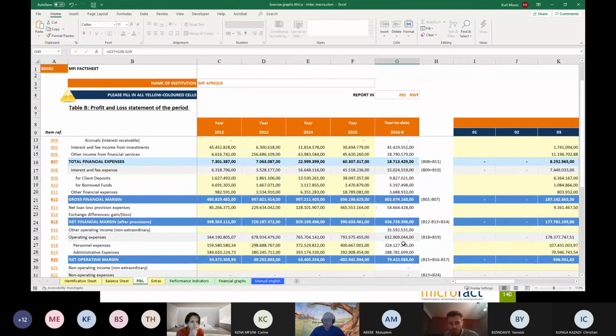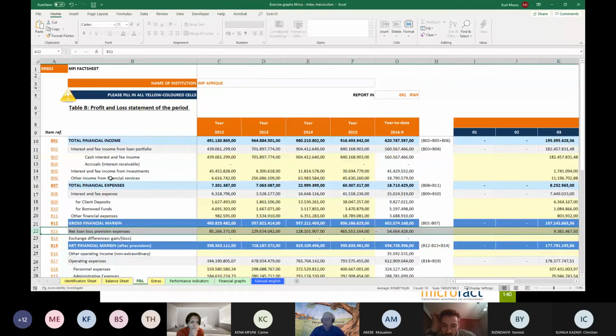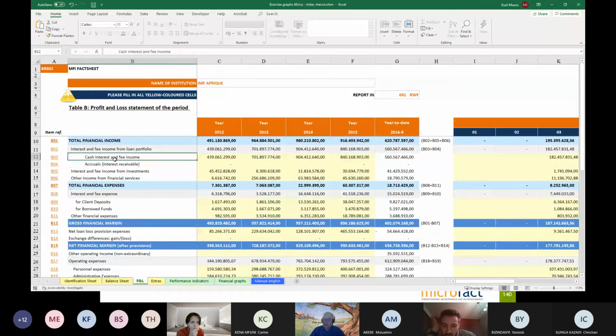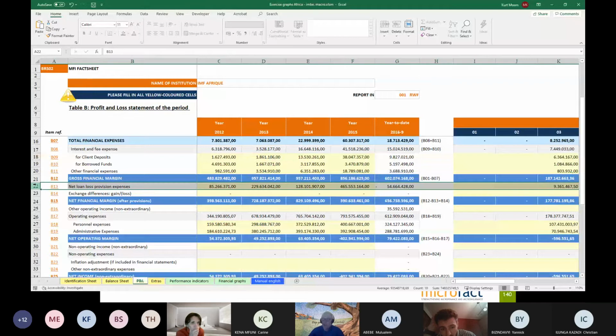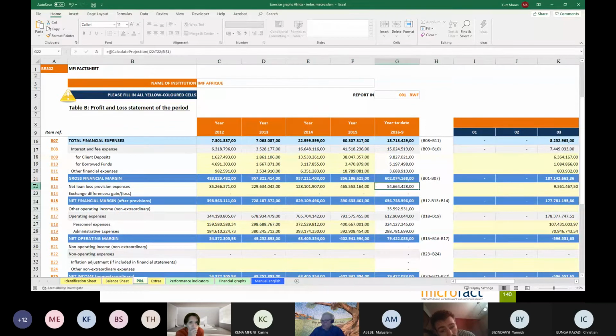You see here you have cash items like income from your fees. You have cash items like staff expenses that you have to make. You have to pay salaries, so these are cash items. But here we have this non-cash item, and this is the loan loss provision expenses. I know they did it a bit strange, that organization.